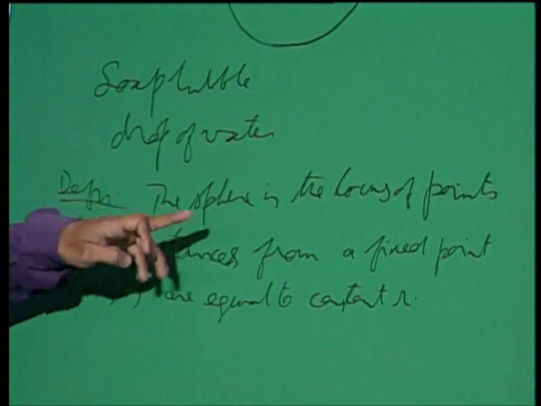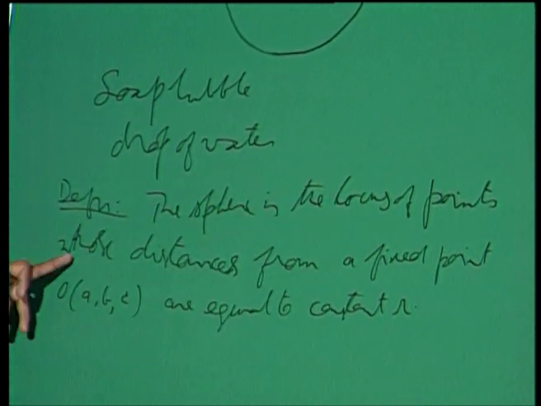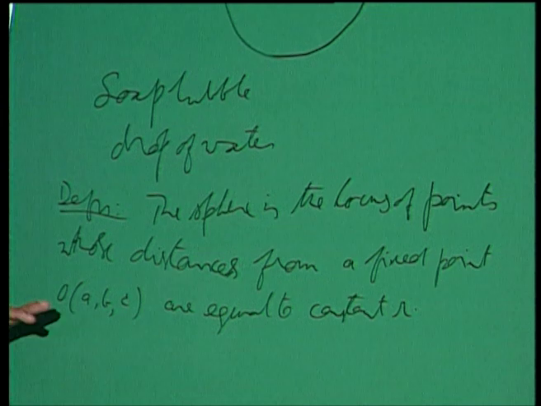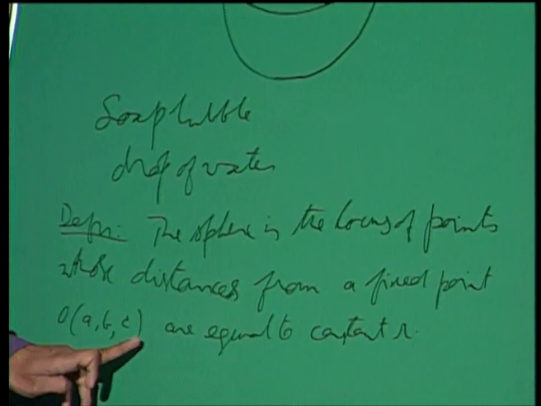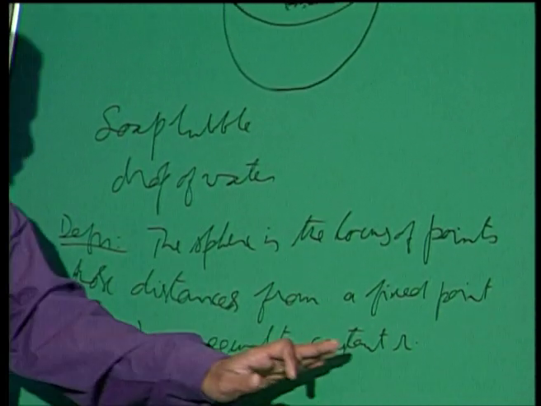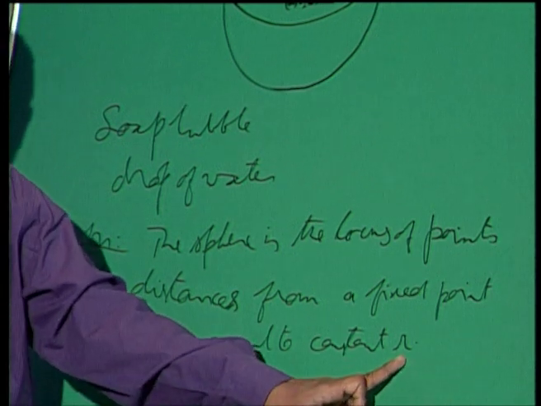The sphere is the locus of points whose distances from a fixed point O having constant coordinates a, b, c are equal to the constant length r, which is non-negative.